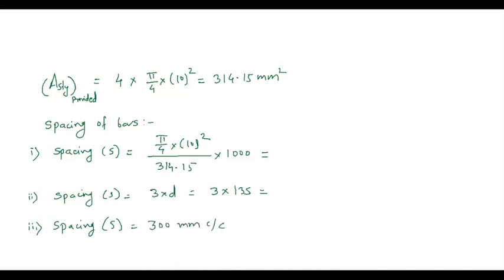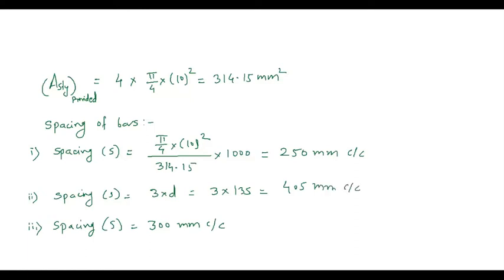So remember this, in two-way slab, in both the directions main steel will be there. There is no distribution steel in two-way slab. Distribution steel is only provided in the one-way slab. So it is 250. Okay, so this answer is 250 mm center to center. Then what is 3 into 135? It is 405 mm center to center.